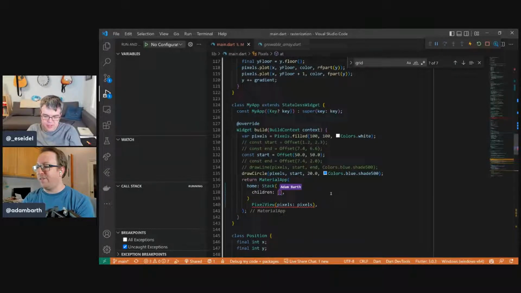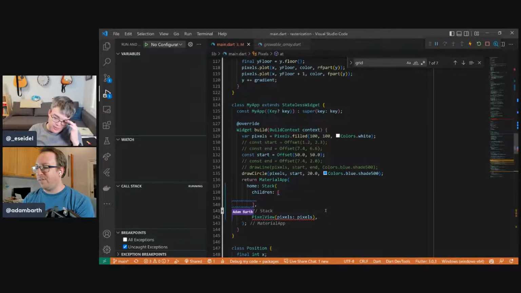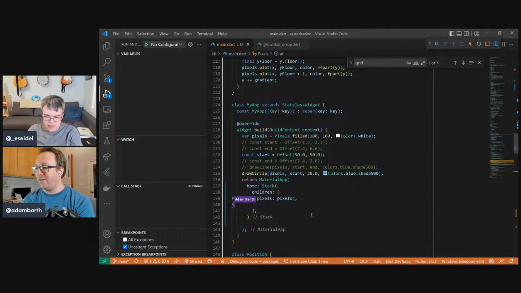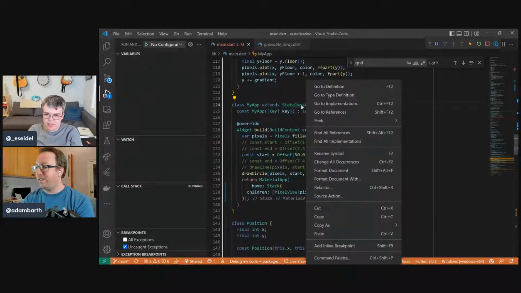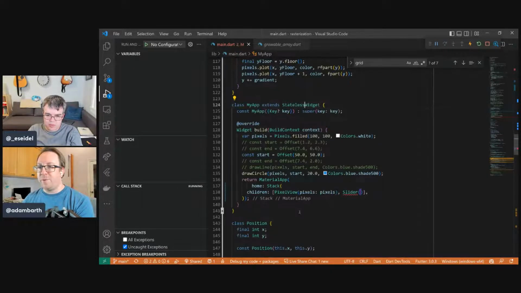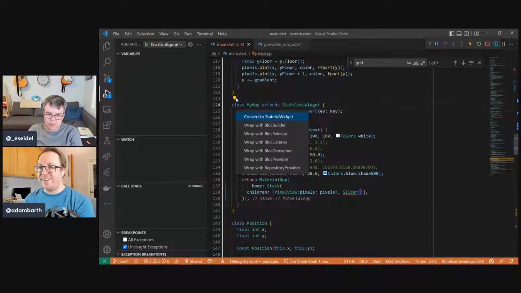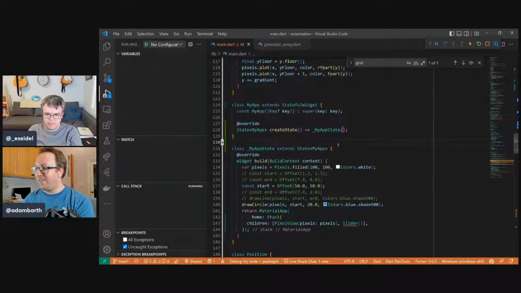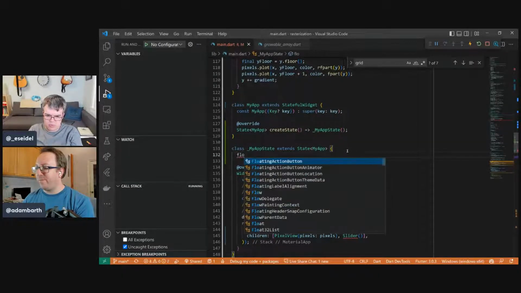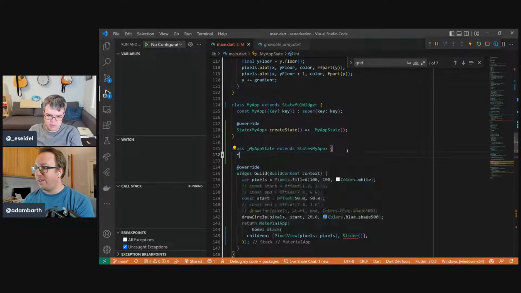Mm-hmm. Children. I don't know if you want to stack, but sure. Stack's fine. Column would be fine too. Whatever. And then we're going to make this stateless or stateful. Yeah. You can do the light bulb. Do your light bulb. Okay. What is it? Float? Int? Yeah, double. Full radius? Mm-hmm.